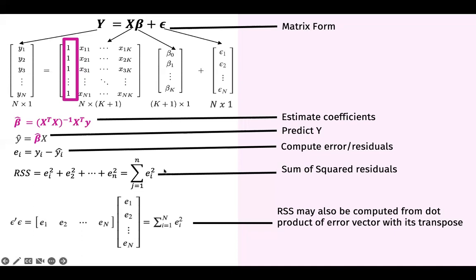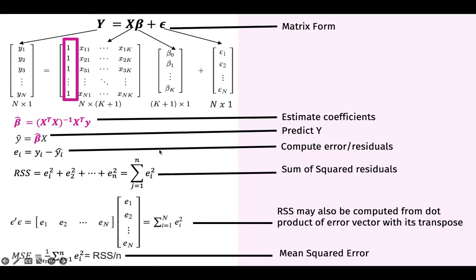Now, we can actually represent this RSS in another form, and we can compute that by simply taking the dot product of the error vector with its transpose. So as you can see here, we have the error, and then we take the transpose of that, and taking the dot product of this will be essentially equivalent to this formula.